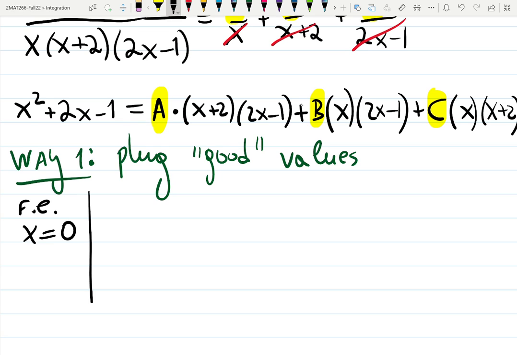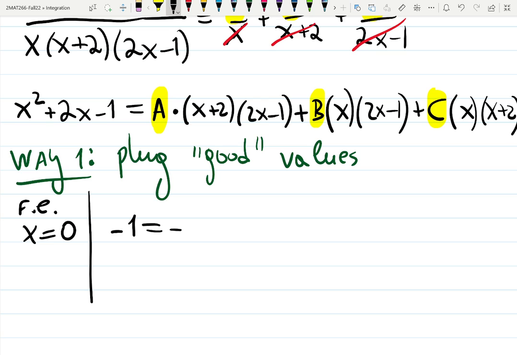So if I plug in 0, the left-hand side becomes what? Minus 1. The right-hand side becomes, check this out, how you do it fast. Either you actually FOIL this stuff, which means distribute, right? Most people don't do that. They just do it fast. X is 0 plus 2, that's 2. X minus 1, 2 times minus 1 is minus 2.